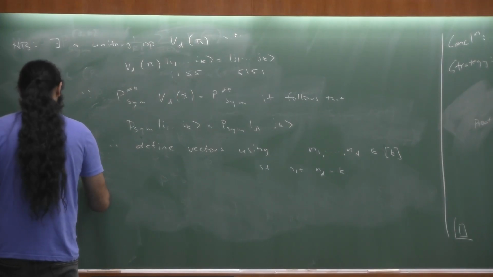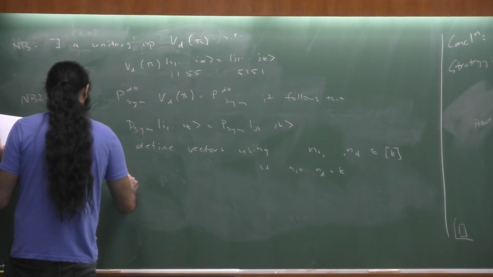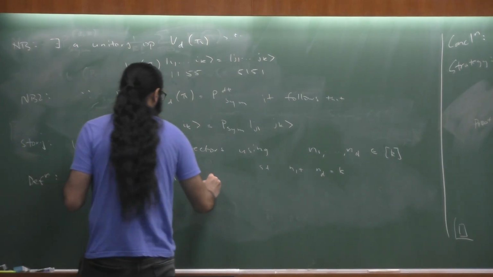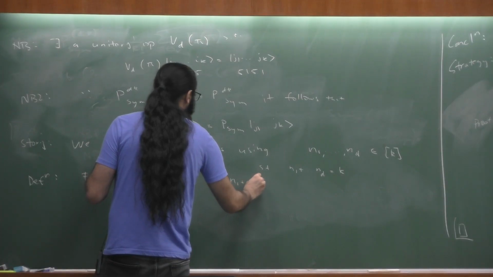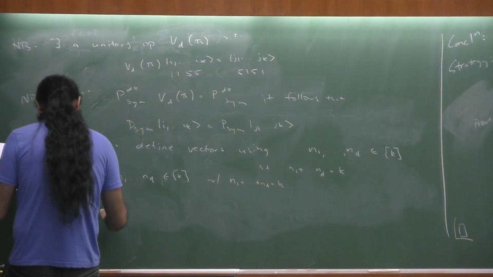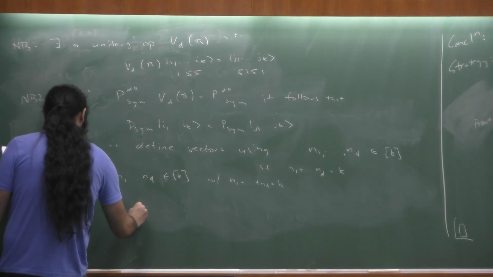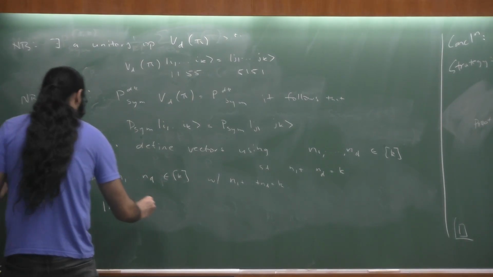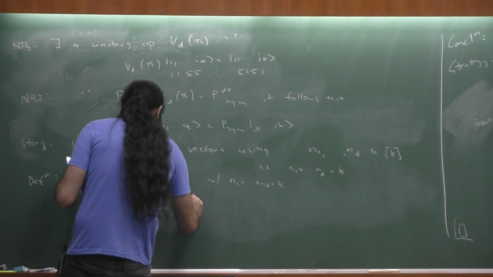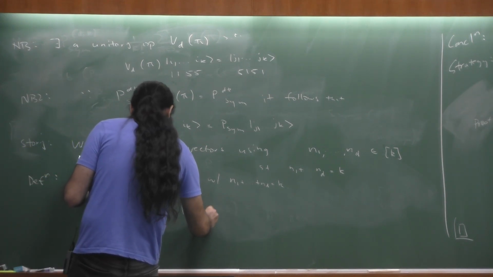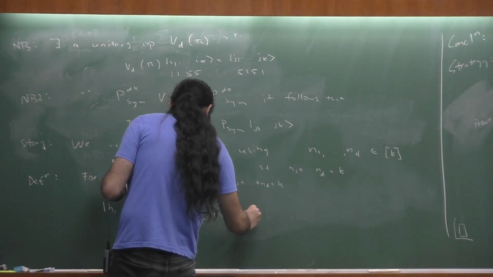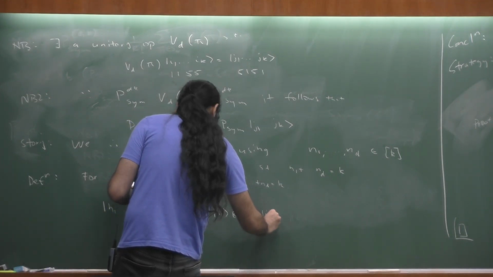All right. So now here's a definition. For n1 to nd, with that constraint, with n1 plus ... nd being exactly k, we define the following. So |n1 to nd> is defined to be P_d^k symmetric acting on |i1> tensor all the way to |ik>.